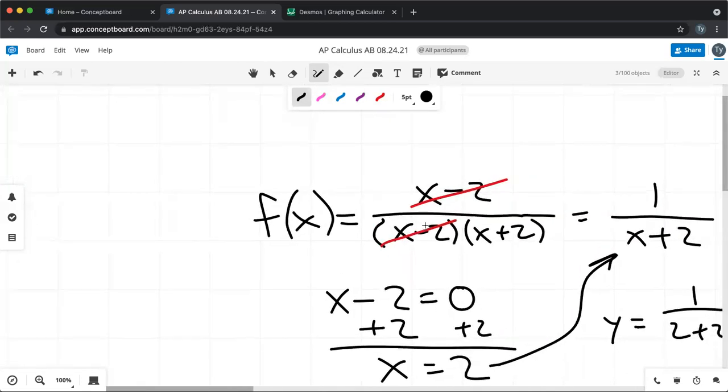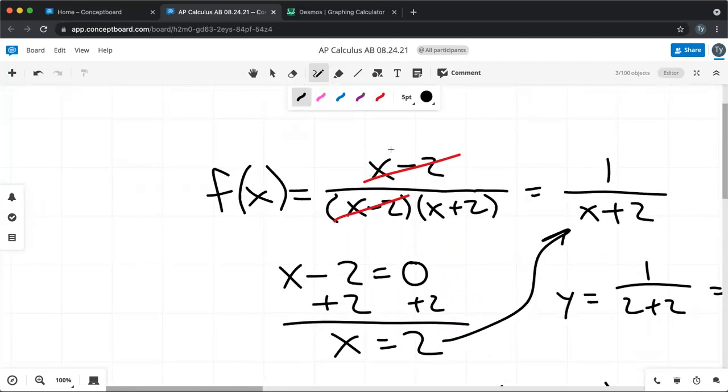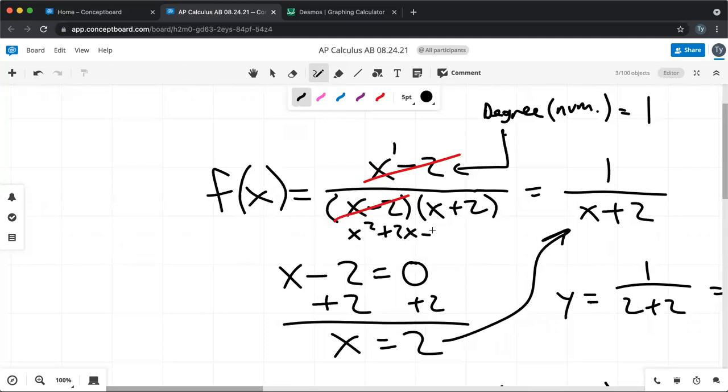Okay, so in our example, here we have a power, we don't see it, but it's a power of 1, right? If we don't see a power, it's a power of 1. So the degree of the numerator here is 1. Just going to abbreviate degree of the numerator as that. It's 1. If we were to do this multiplication really quick, we do first. So x times x is x squared, outer x times 2 is 2x, inner -2 times x is -2x, and last -2 times 2 is -4, and then these would cancel.